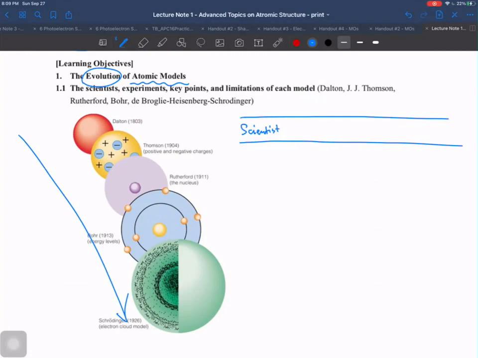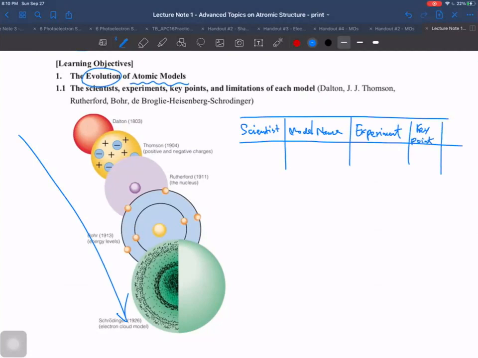Okay, good. And then it's the name of the model. Let's say model name. And then it's the typical experiment. And then one more thing is the key point.